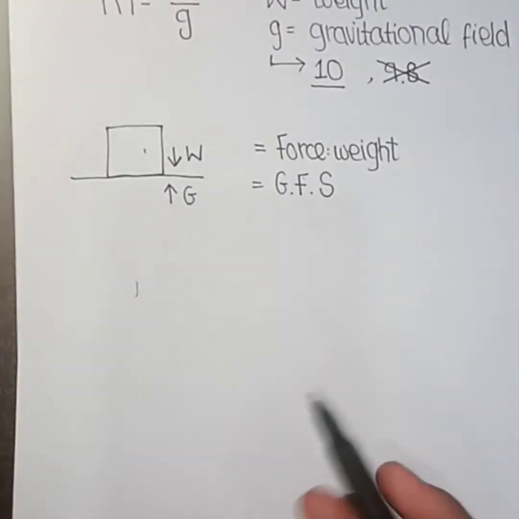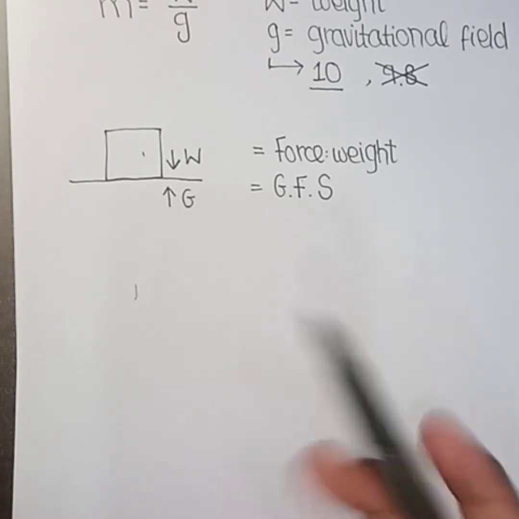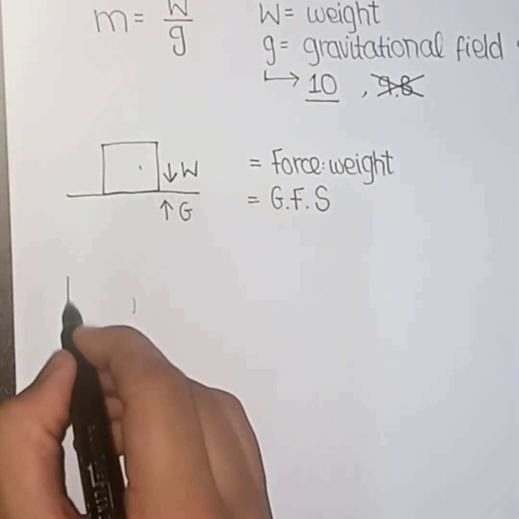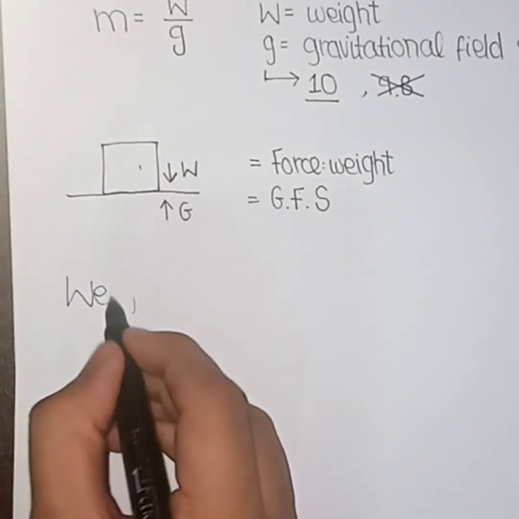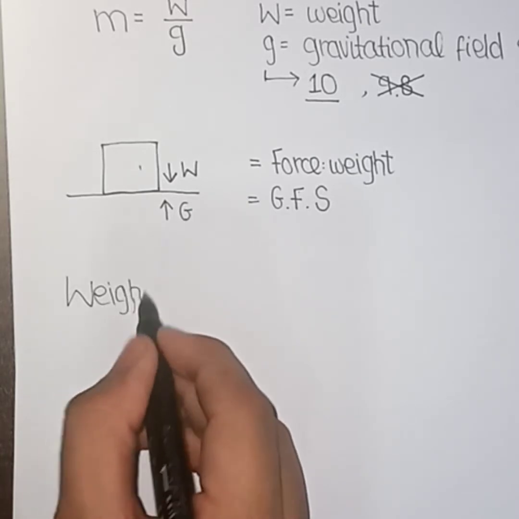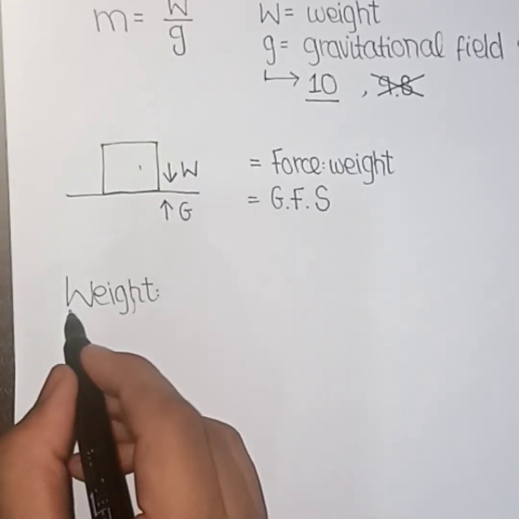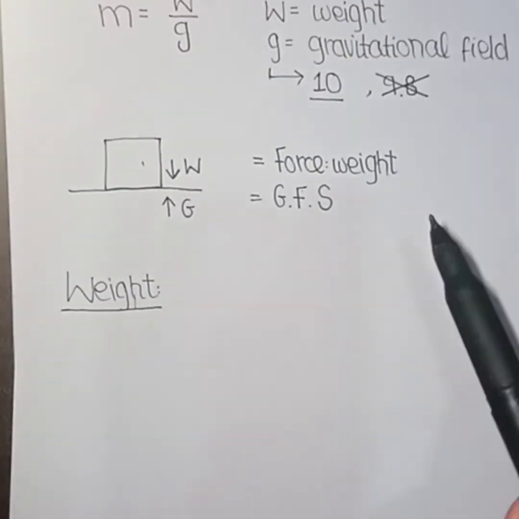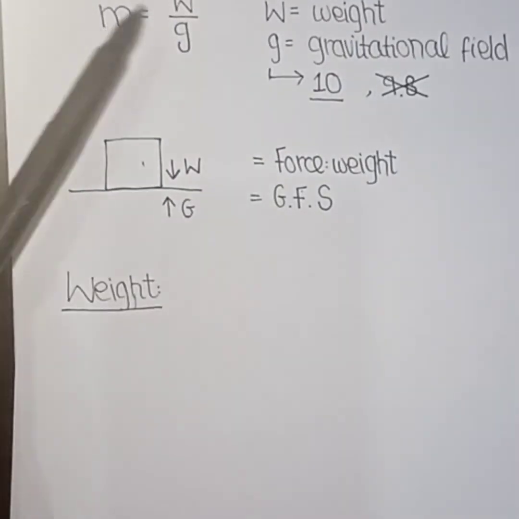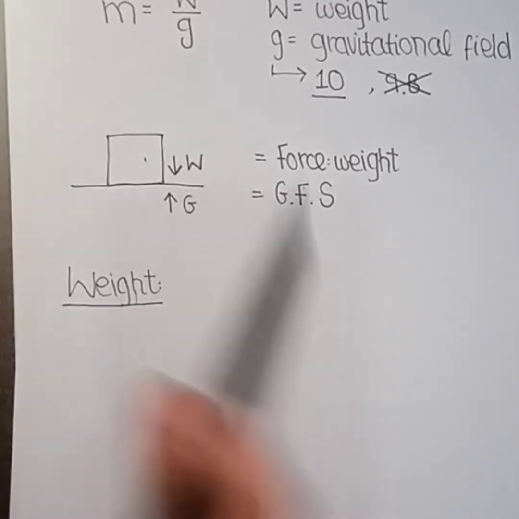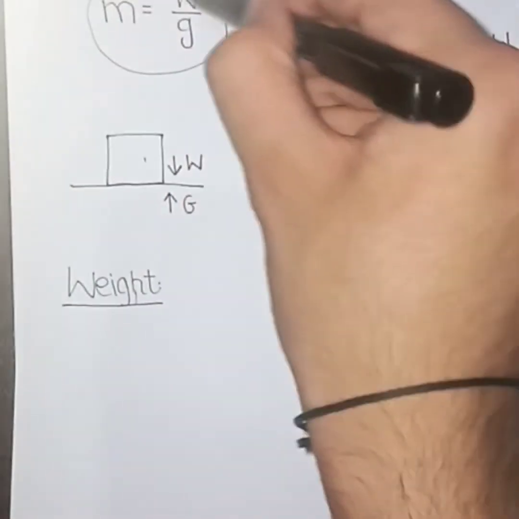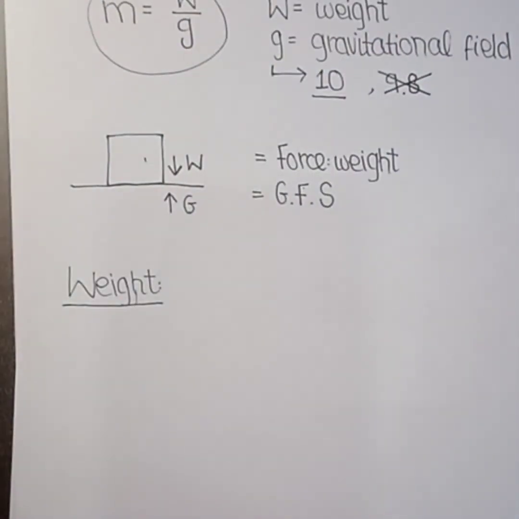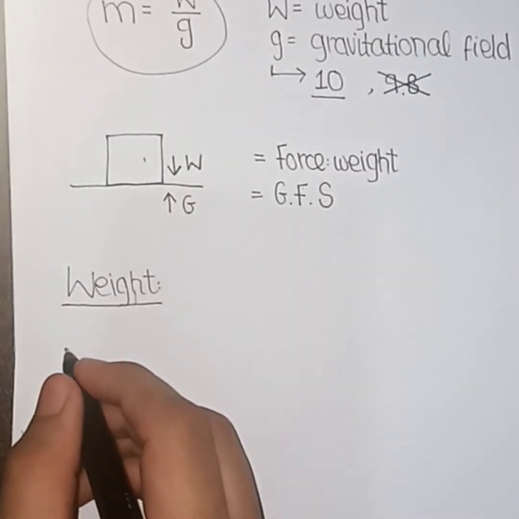Okay, now we need to understand what is the weight. I hope you already understand the mass. You need to learn what mass is and how to calculate it. This formula is most important for every candidate. Now moving towards the weight.